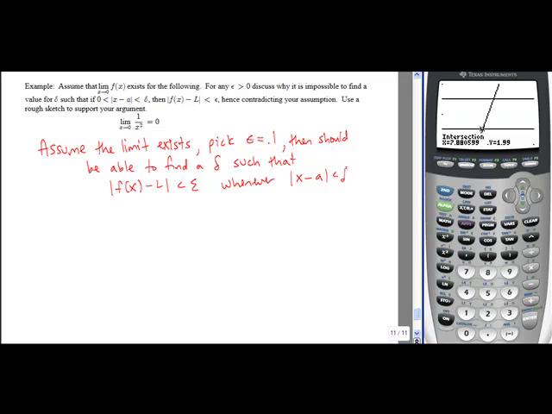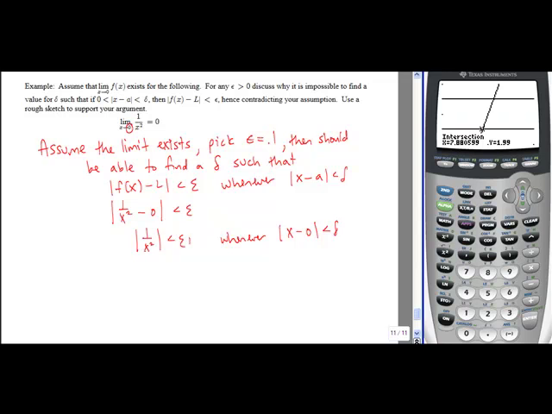And in our particular problem, the function is this 1 over x squared. The limit that we're proposing here is 0. So that means 1 over x squared in absolute value is supposed to be less than epsilon whenever x minus a, and a in this problem is this 0 that we're approaching.